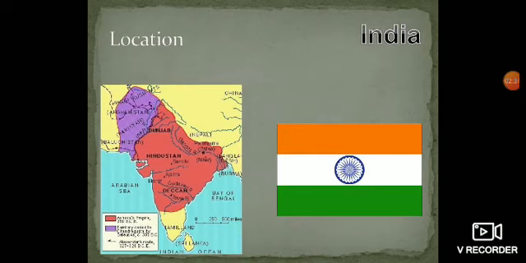Here comes a map. In this map you can see the places highlighted in violet and maroon color. These places were under Ashoka's control. You can see how big his empire was. Can you locate the state Bihar? Yes, the city Pataliputra, the present-day Patna, was his capital. This big empire of Ashoka is known as the Mauryan Empire or the Mauryan dynasty.